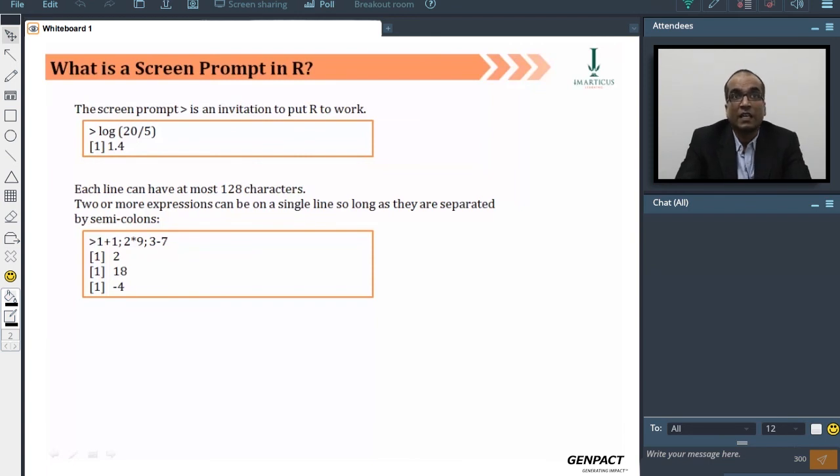So you can say 1 plus 1 semicolon, that is standing as a separate statement, and 2 asterisk 9, that means 2 multiplied by 9, is a separate statement, and 3 minus 7 is a separate statement. So when you use the semicolon operator, it indicates that on the same line you have 3 different statements to be executed. That's how you tell R that these are standalone statements which have to be executed separately.